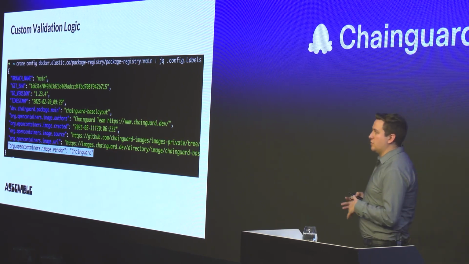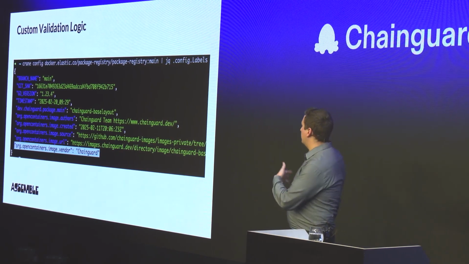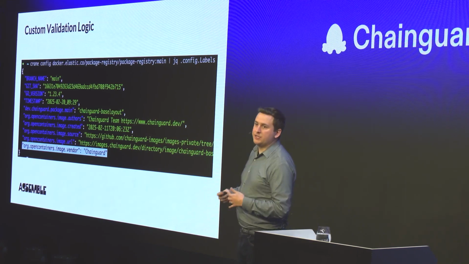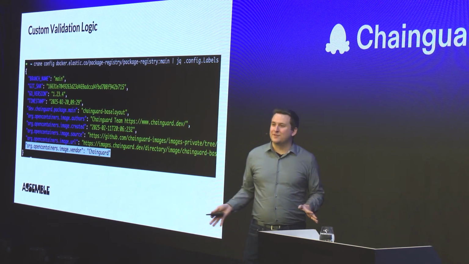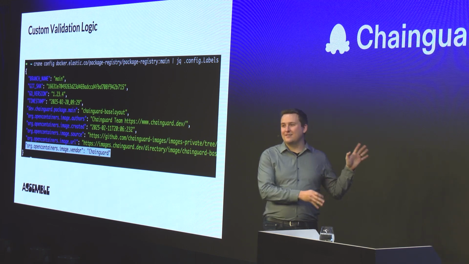You can build into your admission controller to look up the labels on each of the images and check for the presence of this label or a similar one. Now, this can be spoofed. This isn't a cryptographically signed value, but if you have teams that are actively trying to circumvent your processes in that way, that's a different problem. But yeah, you could build this.